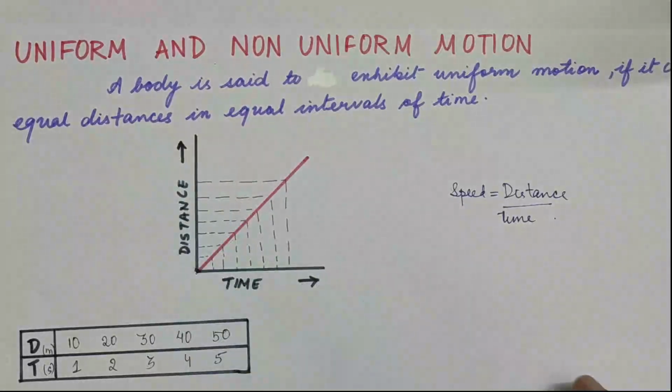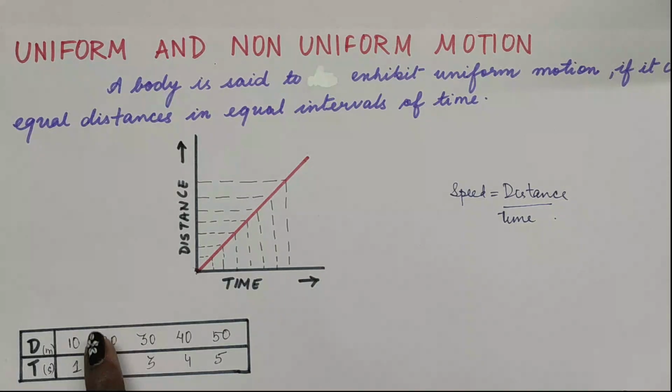As you can see, I have plotted a graph showing that with increase in time, the distance is also equally increasing. If there is a table with distance in meters and time in seconds, suppose it covers 10 meters, 20, 30, 40 and 50 in 1 second, 2, 3, 4 and 5 seconds. There is a difference of 10 in each distance and 1 second in time.